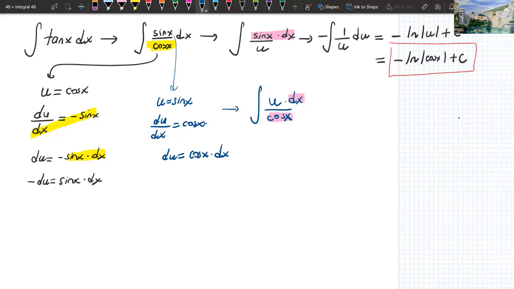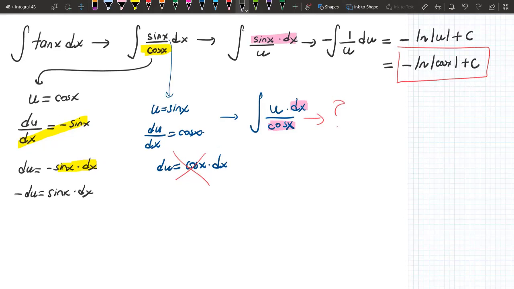I have a product. I don't have the ratio of them. So it doesn't help us. I cannot continue anymore. There is no next step. I cannot write it in terms of u. But in the first option, sine x times dx is negative du. So u should be cosine x, not sine x.